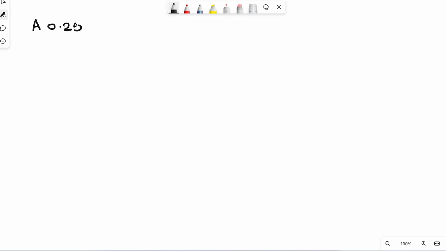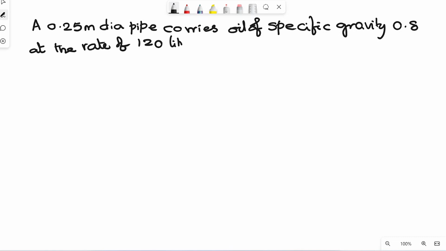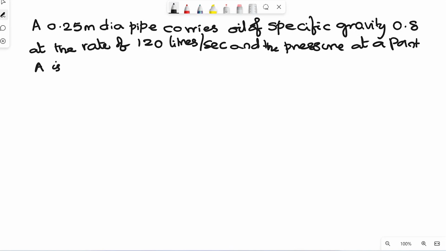A 0.25 meter diameter pipe carries oil of specific gravity 0.8 at the rate of 120 liters per second, and the pressure at a point A is 19.62 kilonewton per meter square.